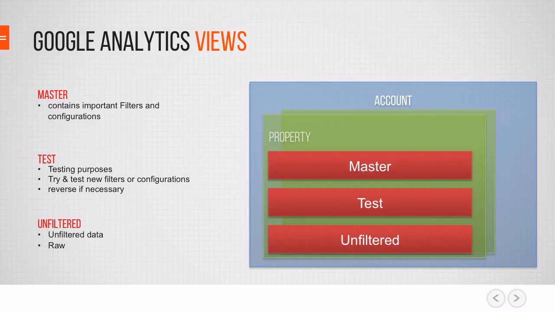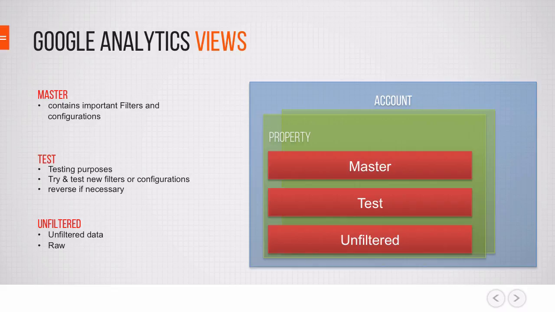Very important to notice, once the data goes through these configurations or filters, it can't be processed backwards. You can't take off the filter or change the configurations later and apply that to the data that is already collected. So filters and configurations within the view level are not retroactive.